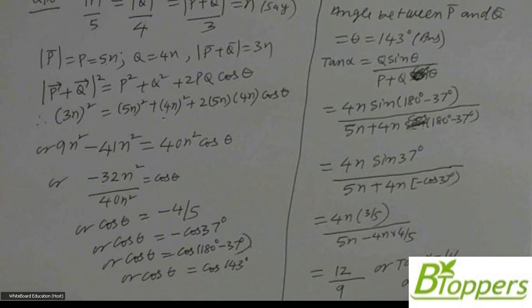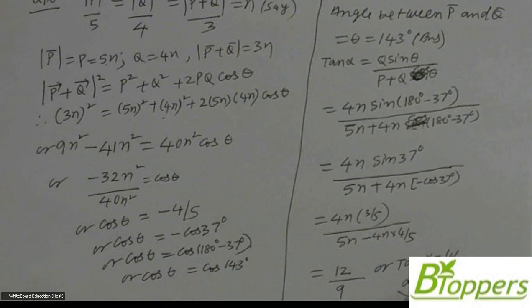So from this you get alpha equal to 53 degrees. That means the angle made by the resultant of the two vectors P bar and Q bar with the first vector P bar is 53 degrees. So this is the answer for the second part of the question. Those who want to copy the solution of the problem, they can take a pause and copy the solution of the problem.